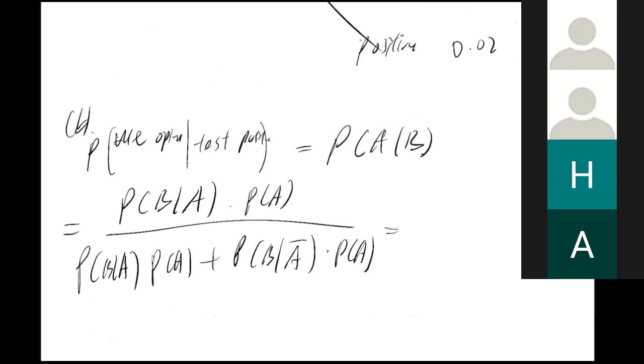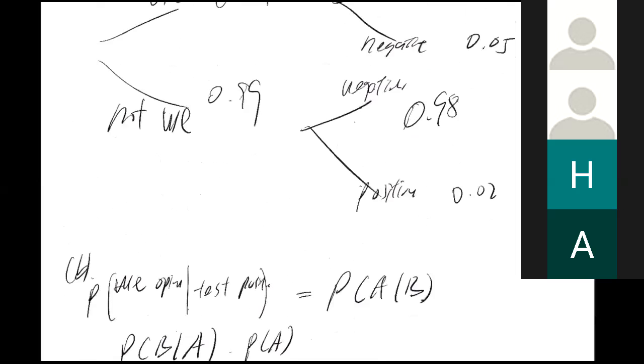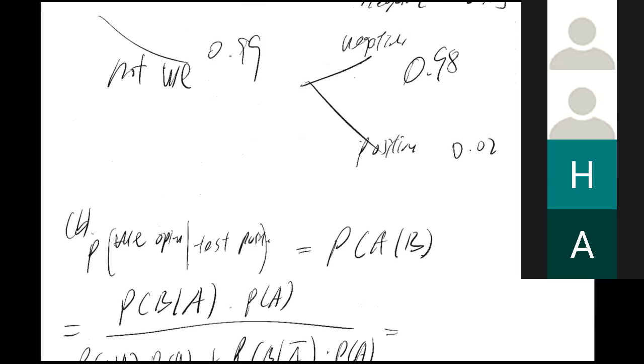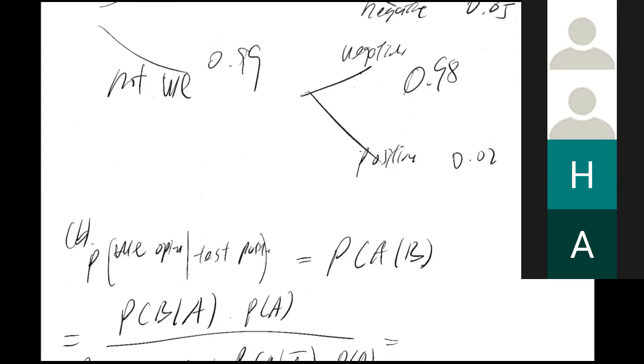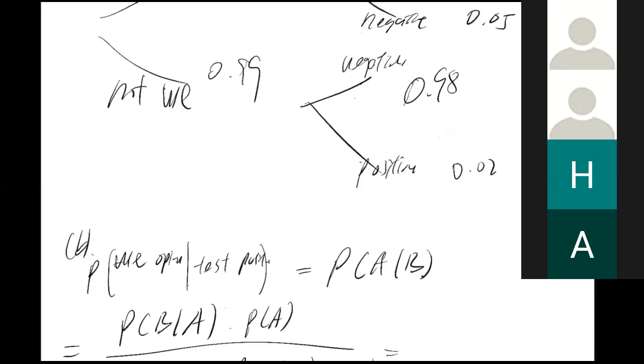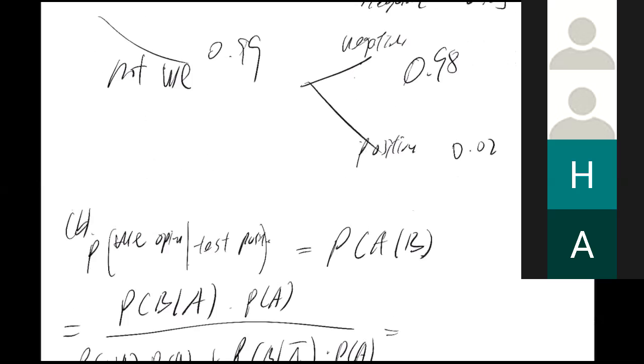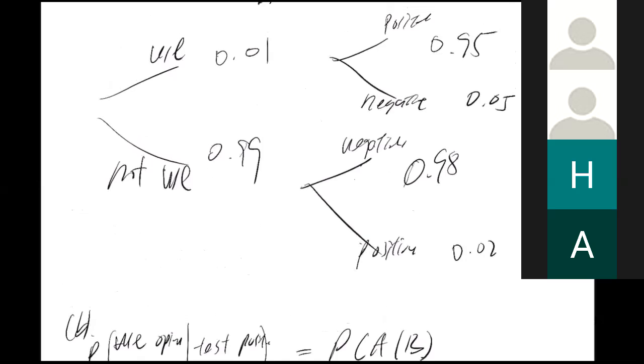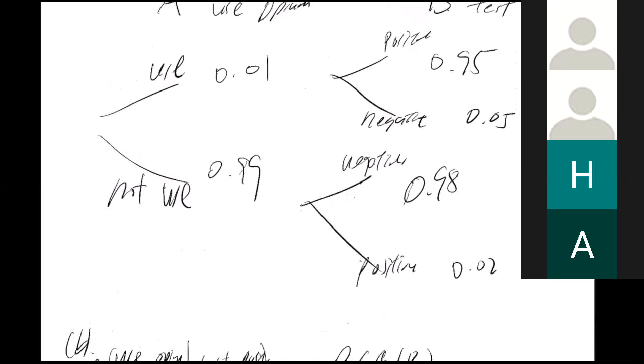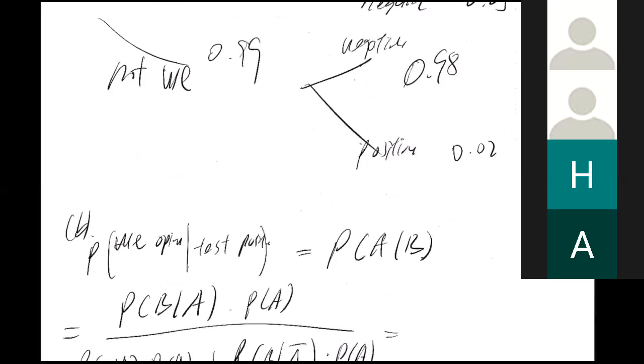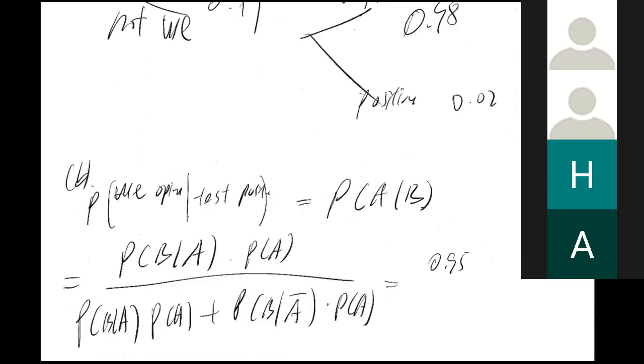We know that P(B given A) is when the person actually used opium and tests positive. So that's 0.95 times 0.01.